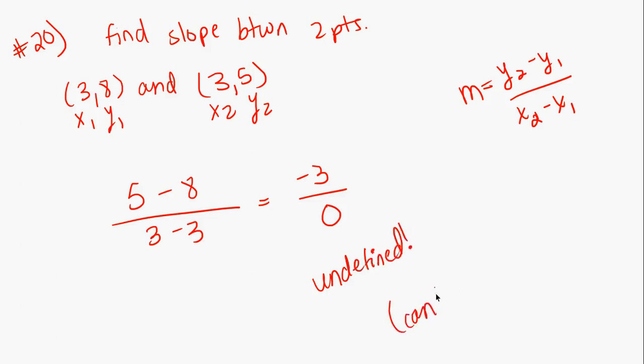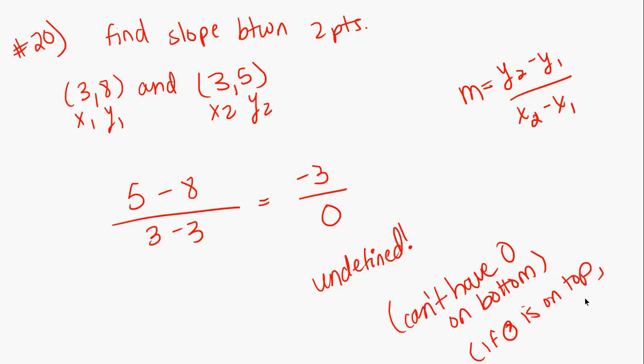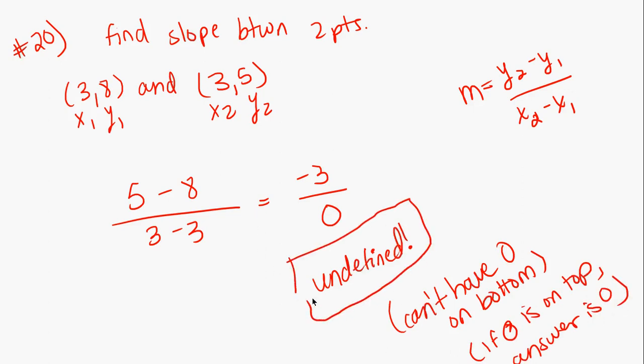And the reason why is we can't have 0 on the bottom. If 0 is on top, the answer is 0. So in this case, our answer would be undefined.